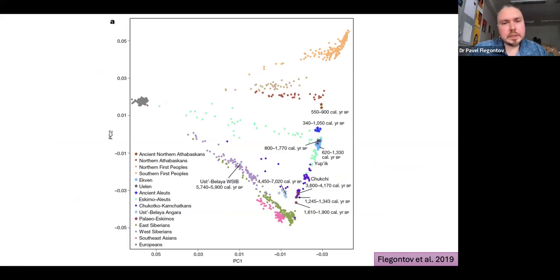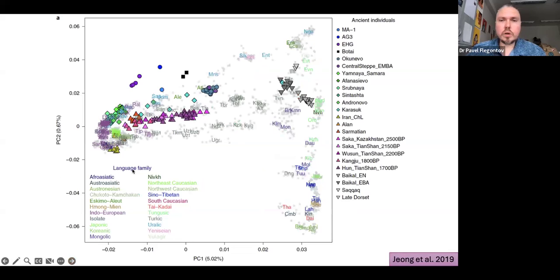For example, here we actually don't project when we co-analyze Europeans and Siberians and other Asians and Americans, or where we project various ancient Europeans and Siberians and Central Asians and East Asians onto modern variation in these regions.